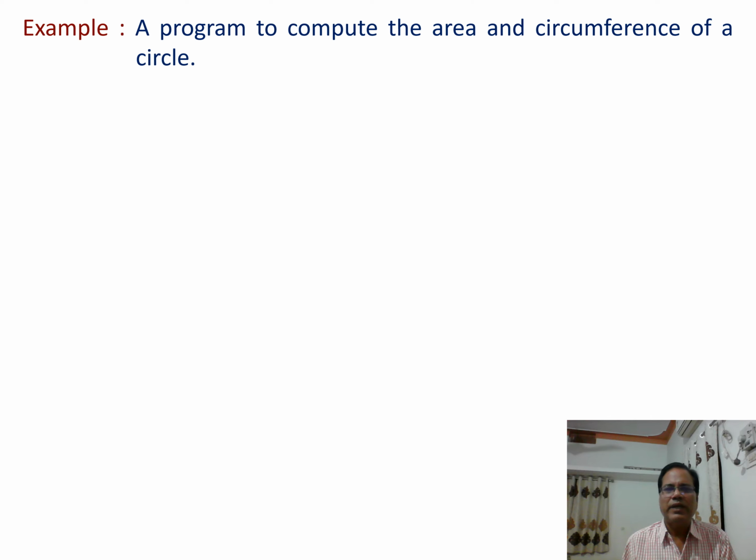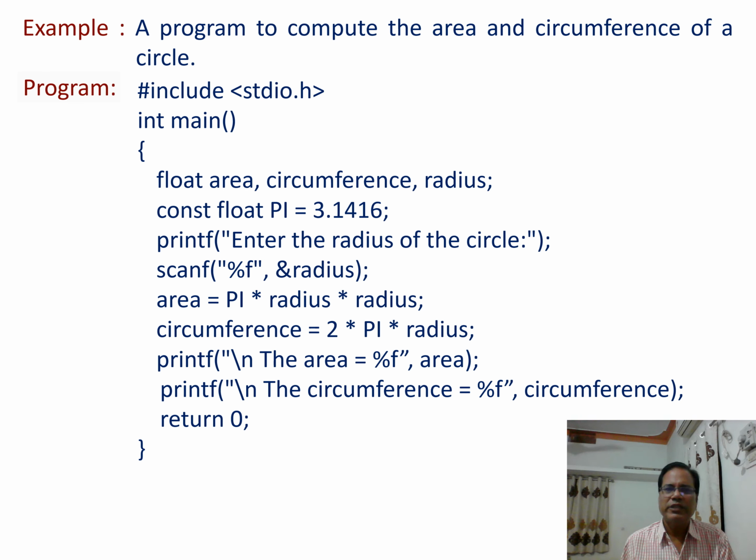Let us see an example to clear up the idea of symbolic constants. A program to compute the area and circumference of a circle. In this program, we are using the symbolic constant pi, which is defined and declared using the keyword const, and its value, as we are familiar, 3.1416, is assigned.